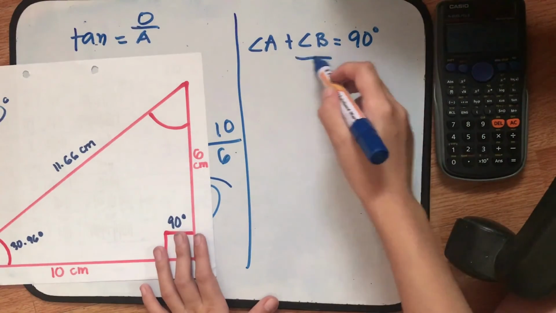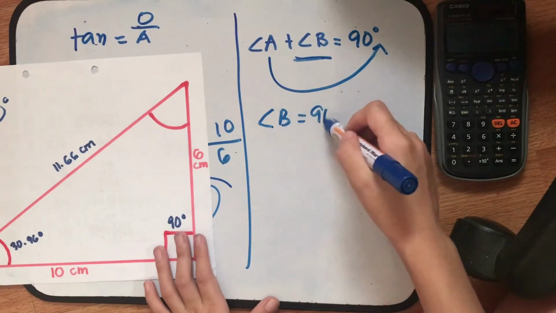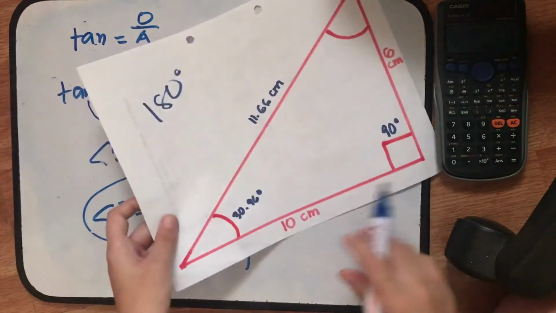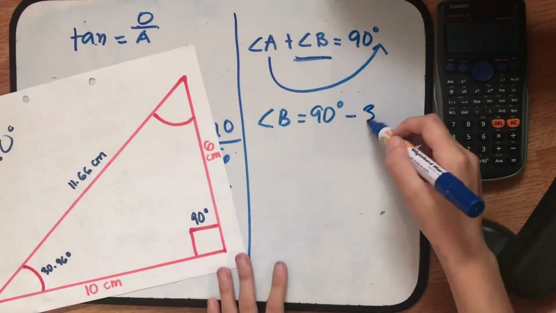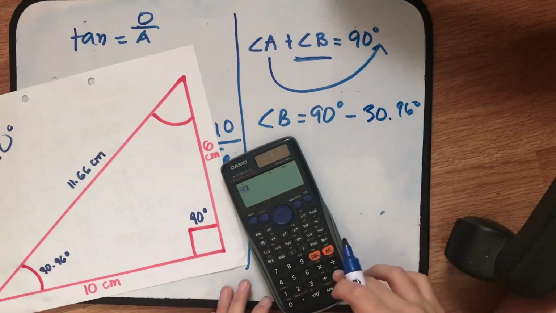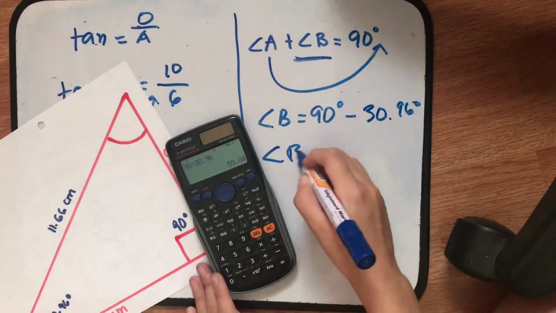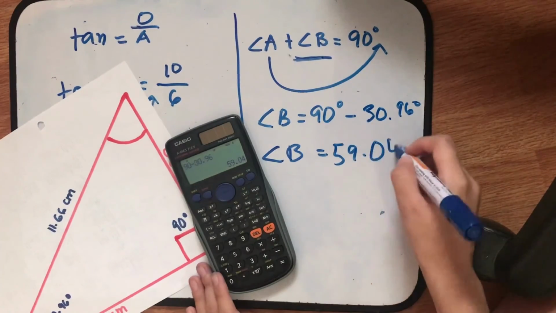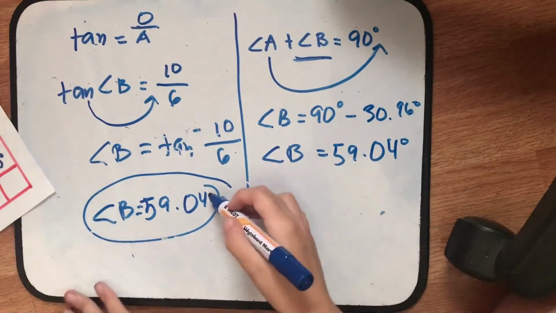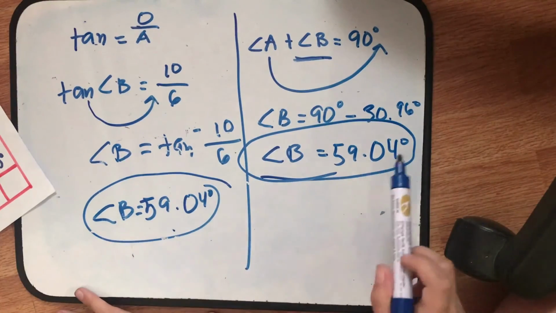To solve for angle B, just transpose angle A. So angle B is equal to 90 degrees minus the value of angle A, 30.96 degrees. Input that into the calculator: 90 minus 30.96. The result is angle B is equal to 59.04. Therefore, our angle B is 59.04 degrees.